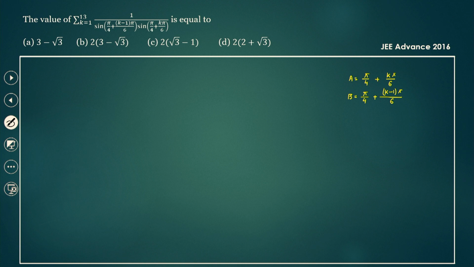Now you can easily observe that the angle A minus B, the pi by 4 gets cancelled, so we have k pi by 6 minus (k minus 1) pi by 6. Obviously that gives me pi by 6.